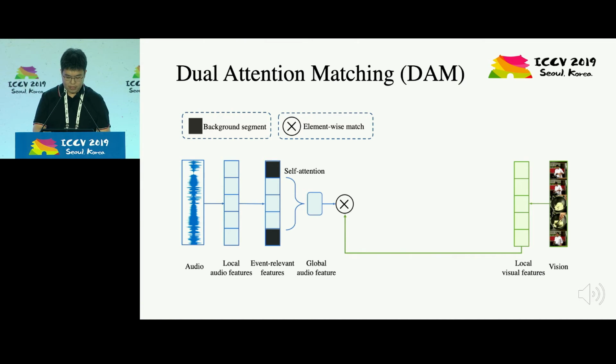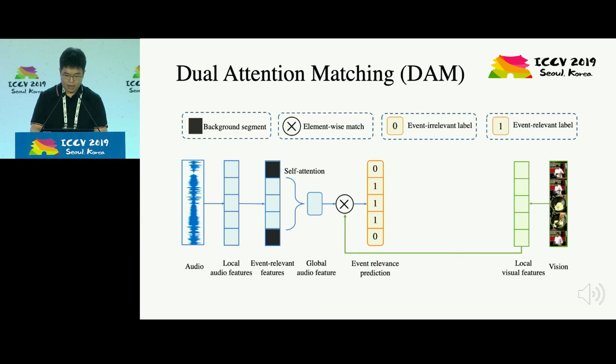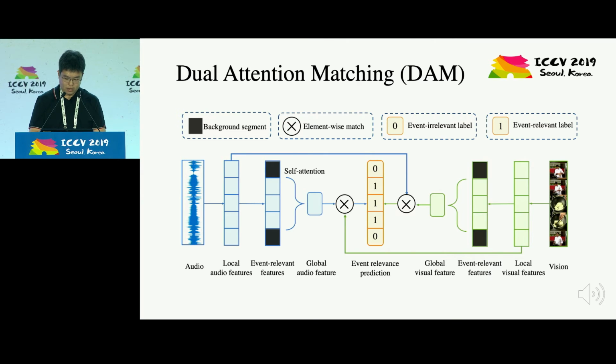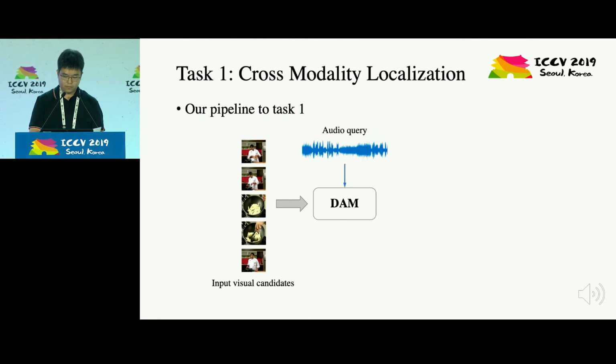The output is the event relevance prediction. Here we have the ground truth for each relevance, where 1 indicates they are relevant and 0 means they are not. Similarly, we also use the global feature from visual inputs to check each local audio feature. This bidirectional prediction should be consistent. So this is the overview of our DEM module.